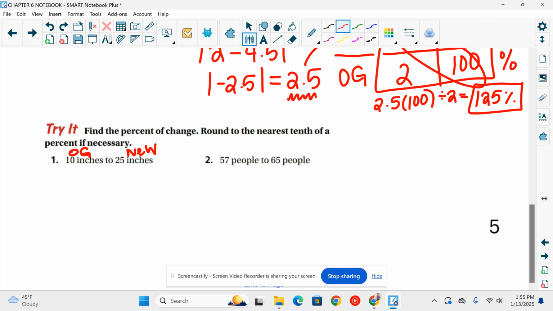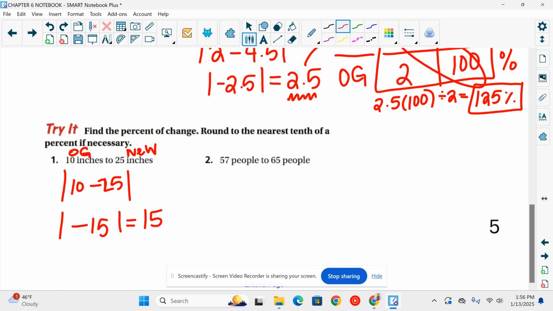Step 3 is to subtract, but we want it to be positive, so we're going to do absolute value. So 10 minus 25 gives me negative 15, but if I take the absolute value of that, it gives me just positive 15. And now what are we going to do?